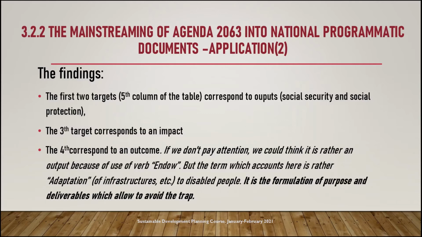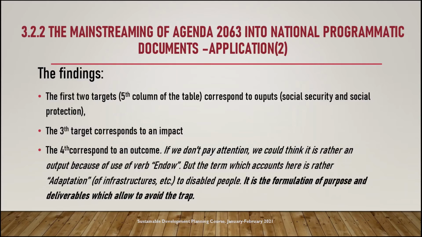It's quite the same thing as when we were mainstreaming Agenda 2030. So based on that table, we can clearly see that the first 2 targets, which we can read in the 5th column, correspond to outputs, which are social security and social protection.